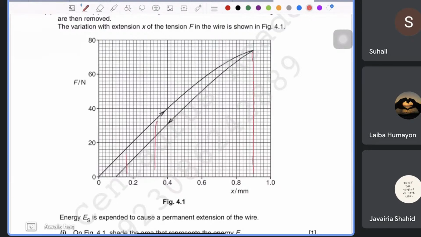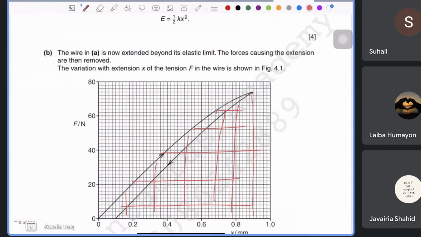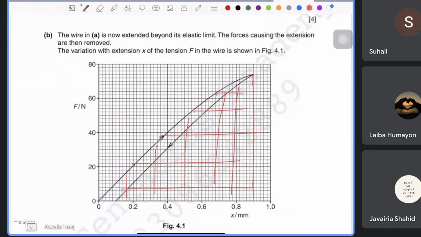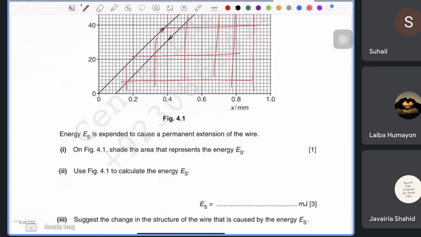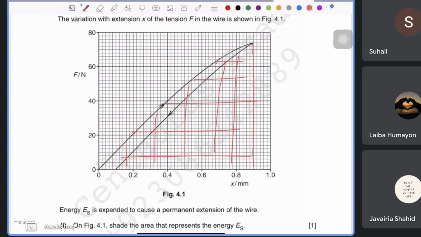You have to shade it like this in your exam as well. Just shade it nicely. Then it says use the figure to calculate this, and obviously this is again a curve, so you would have to estimate it as well.